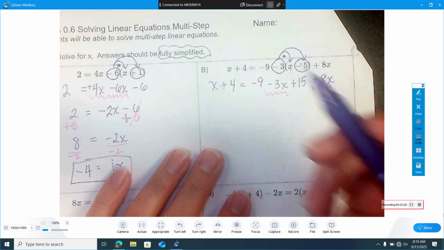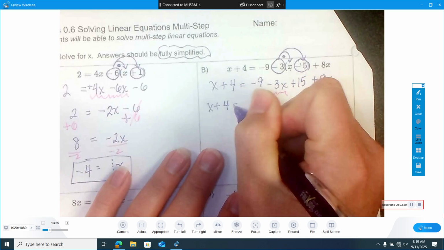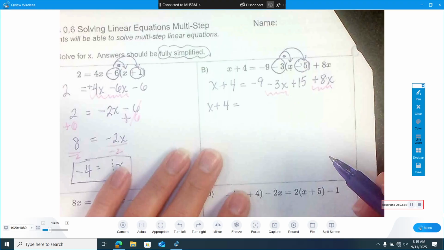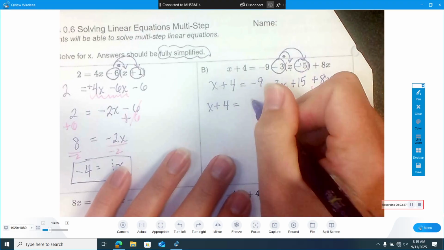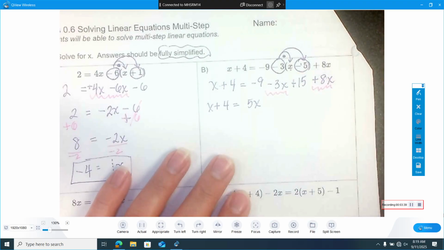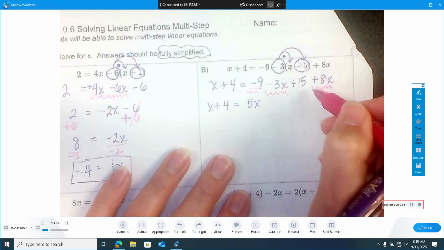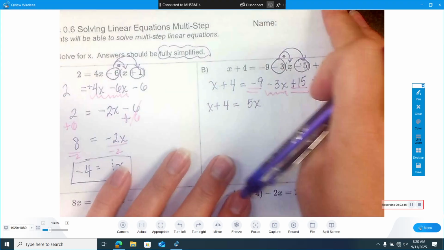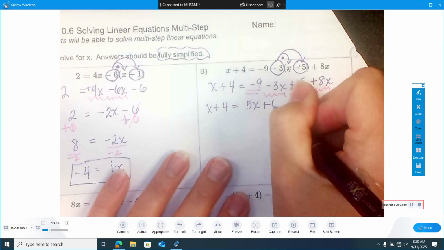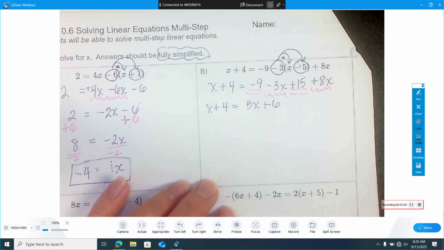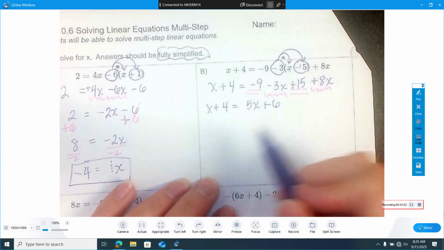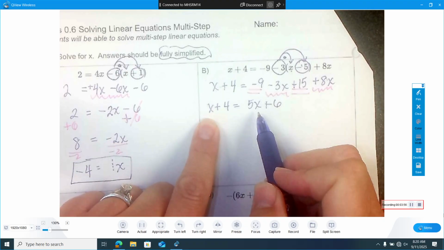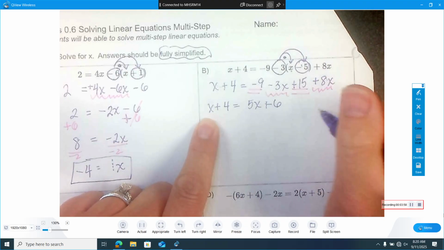So combining like terms, I have a -3x and a +8x. +5, positives win, +5x. And then I have a -9 and a +15. +6 wins, good. All right, now you can see here we have x's on both sides of the equals, and so I'm always just going to move my letters to the left.